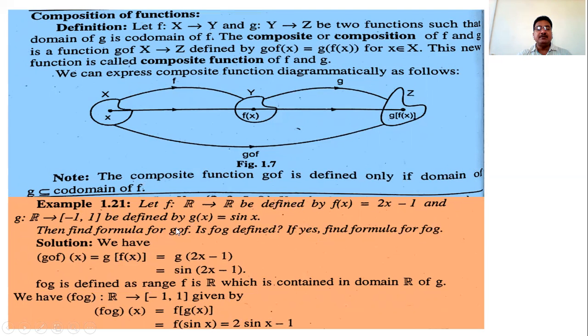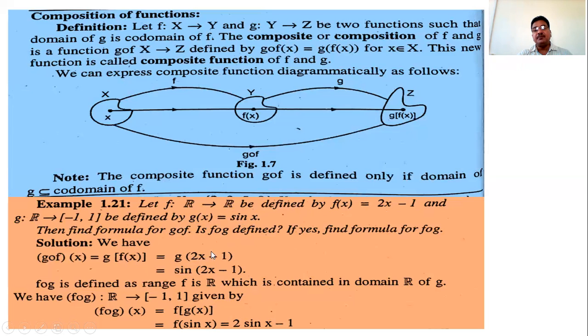So now we will find the formula for g circle f first. (g circle f)(x) is equal to g of f(x) by using this definition. And what is f(x)? f(x) is 2x - 1. And what is g of 2x - 1? g(x) is sin x, so g(y) is sin y, g(3) is sin 3.